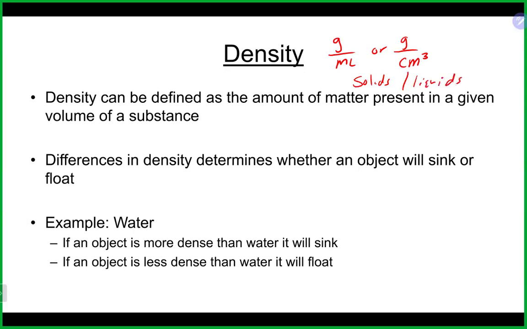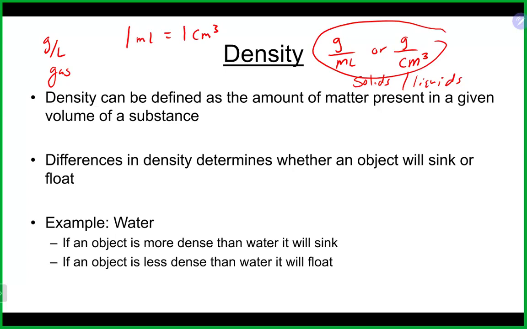We don't really deal with it too much here, but with gases, grams per liter is oftentimes the unit of density for gases. When you take 1A, you'll deal with that. But for us, pretty much these are going to be kind of your main units that we see. Remember, again, as we talked about, 1 milliliter is the same as 1 cubic centimeter.